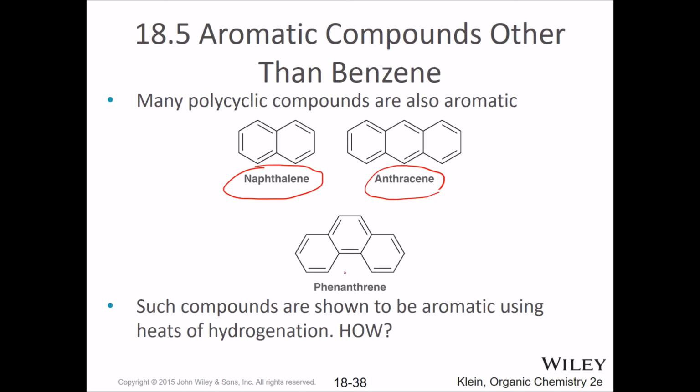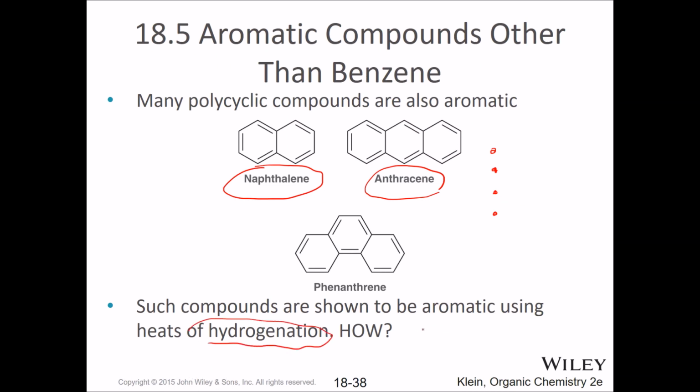These compounds are aromatic. Why? Well, go through the 4 criteria, which Klein calls 2, and demonstrate to yourself that they satisfy all 4 criteria. Now, such compounds can also be shown to be aromatic using heats of hydrogenation.